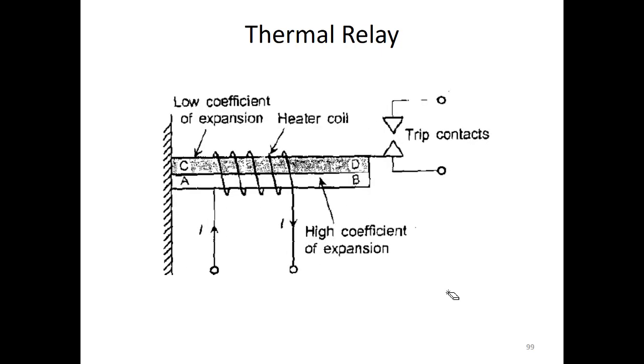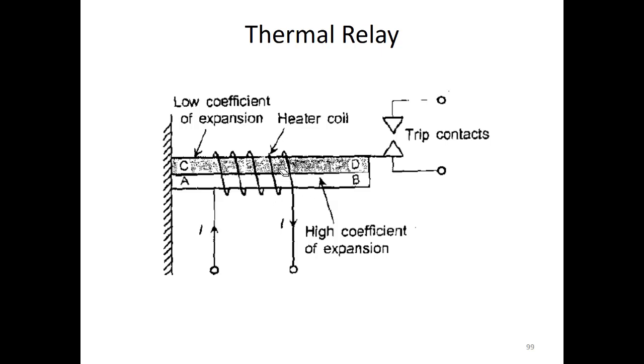So let us come to the relay. Now, the oldest relay we have is the thermal relay, a very ancient relay. Let us see how it operates. Basically, when current flows in the thermal relay, it has two strips of metal, as we can see here.